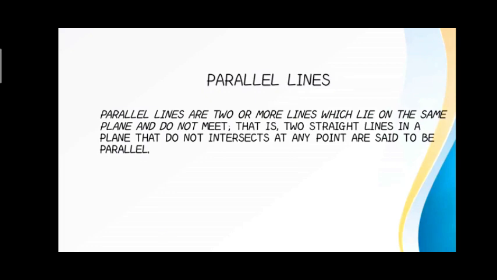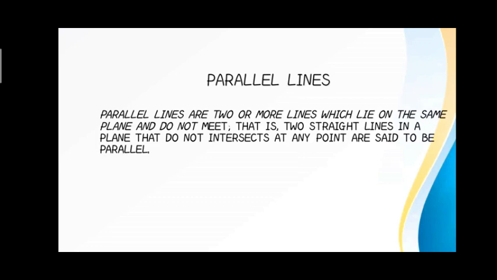And next we have parallel lines. Now what are parallel lines? We know that intersecting lines are the lines that meet at a point, right? So the definition of parallel lines is: parallel lines are two or more lines which lie on the same plane and do not meet. Do not meet means two straight lines in the same plane that do not intersect at any point are said to be parallel.